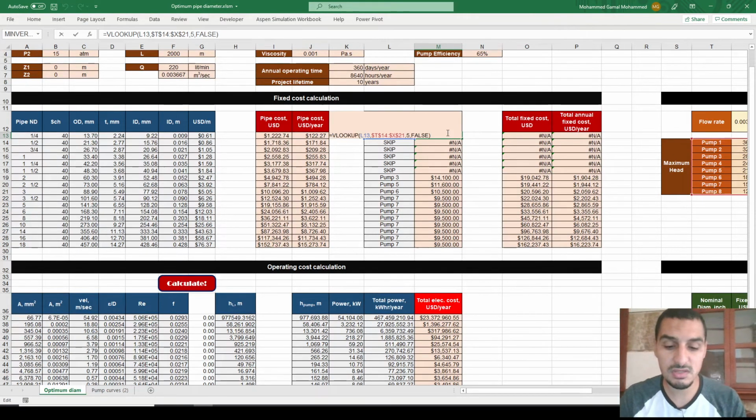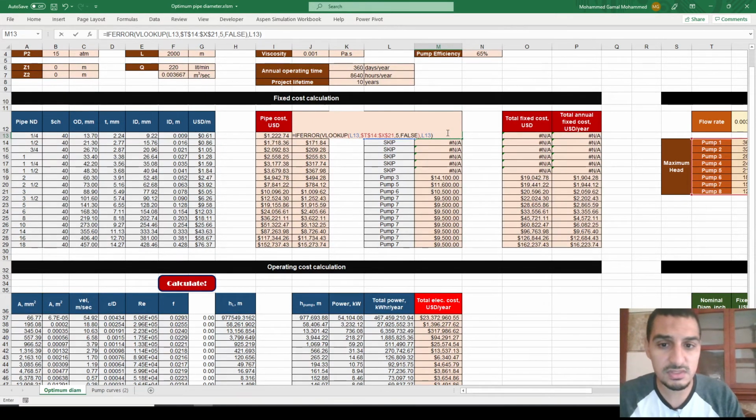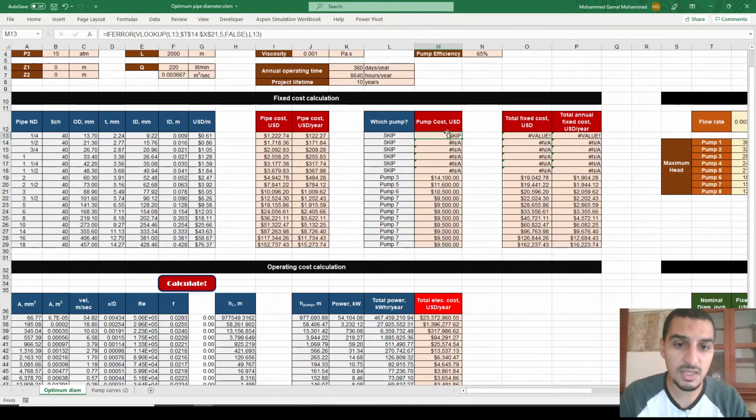So there's something that we can do, which is an IFERROR function. We mentioned that before: if the function is right, it's going to calculate the function. If it's wrong and giving an error, then you can choose to display something else, either a number or anything that you want to display. Here I'm going to put it as a skip.